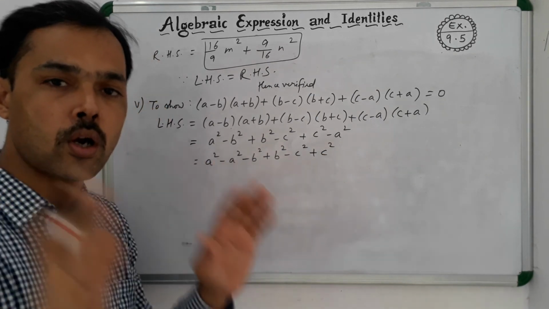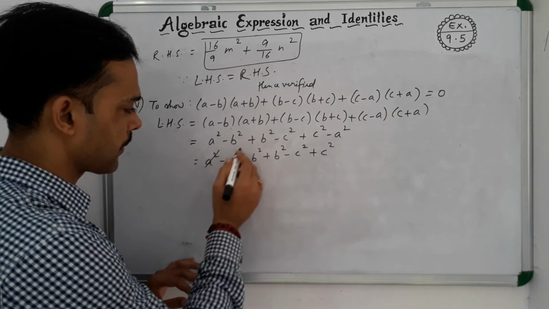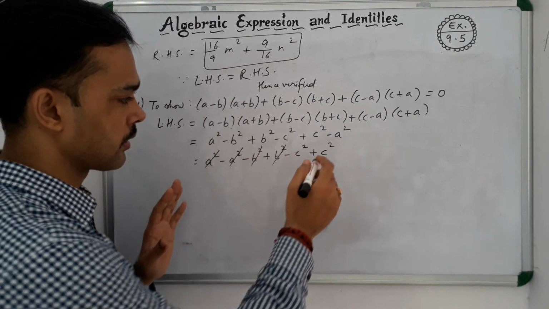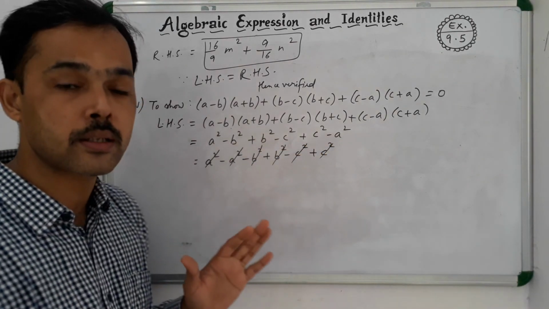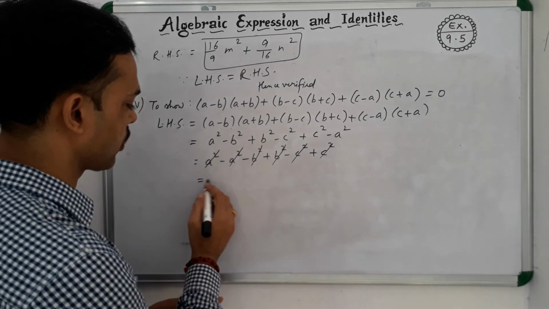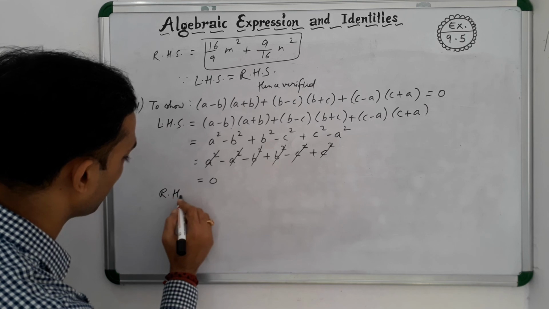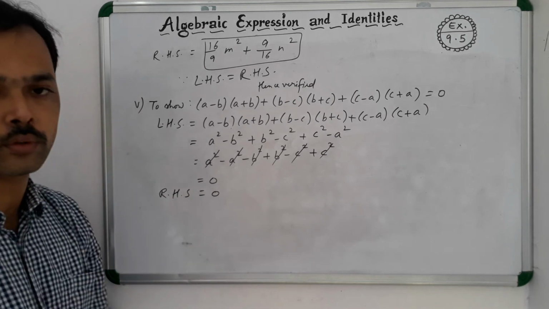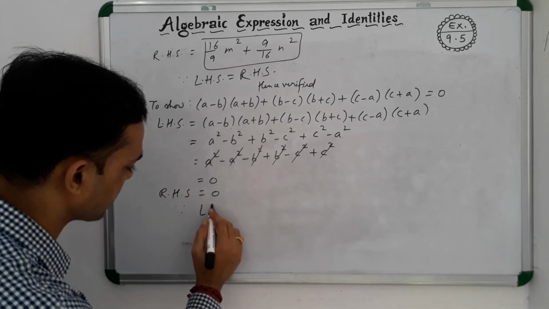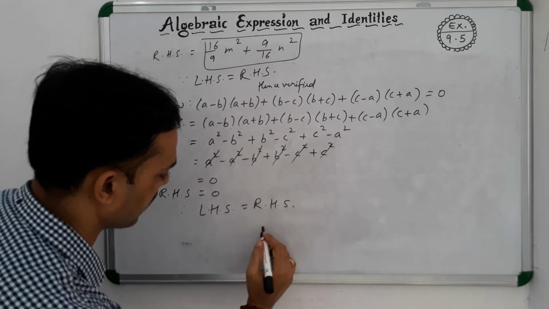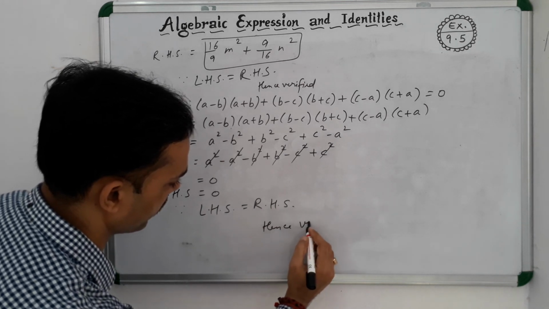I have arranged all the terms. A square minus a square cancel. B square minus b square cancel. C square minus c square cancel. You are left with nothing. 0 is there. In RHS also you have got 0. RHS equals 0. Since LHS is equal to RHS, hence verified.